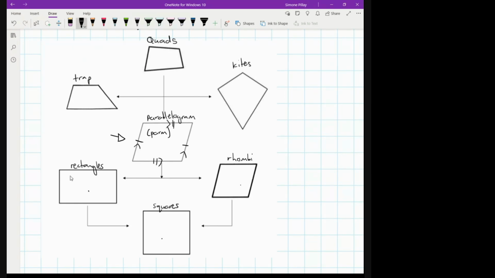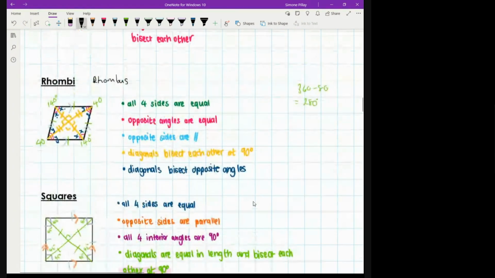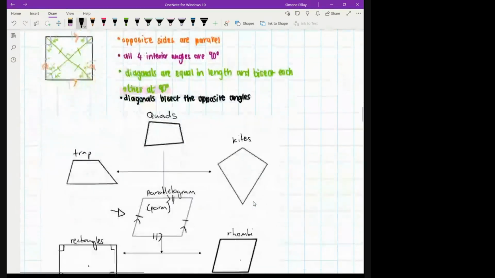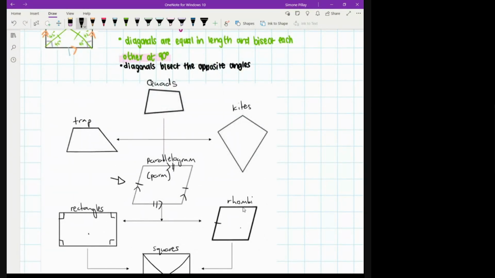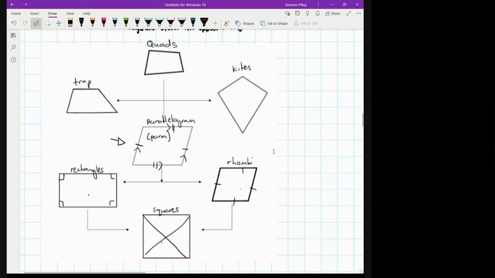But a rectangle has a different property in that all my angles are 90 degrees. My square has a different property in that my diagonals are equal to each other. And my rhombus has a different property in that all four sides are equal. Okay, so that is our family tree of quads.